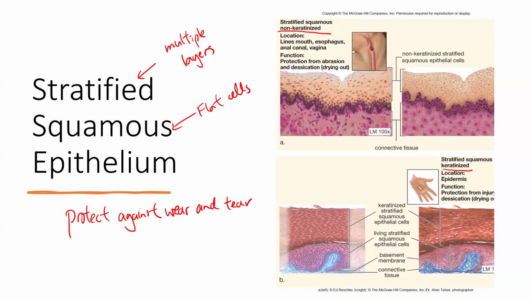We eat hot stuff, cold stuff. Sometimes, like chips, it's very sharp and somewhat abrasive, so you want these surfaces to have multiple layers to protect you from cuts and damage.